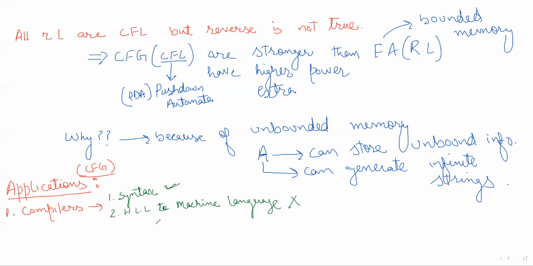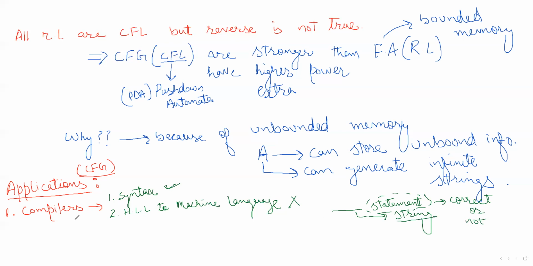What does that mean? If I have a programming language, let's suppose I am writing some statement in that programming language. Basically a statement is a string. Now syntax errors means that the compiler will check whether this statement is correct or not. So that means it has to check whether this string is correct or not.